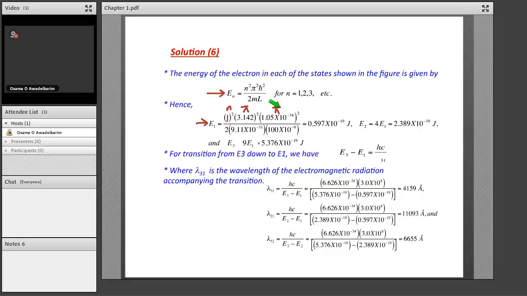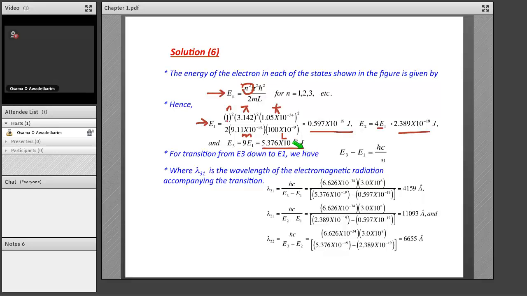This is 2 times m, the mass in kilograms of the electron. This is L in meters. This is the energy in joules. For E2, we have n equals 2, so we get 4 times E1, which is this in joules. For E3, we have n equals 3, so we have 9 E1, which is this one in joules.